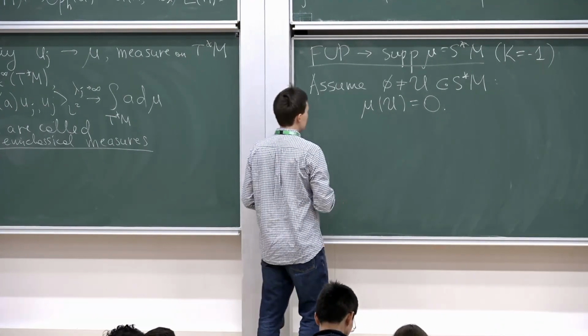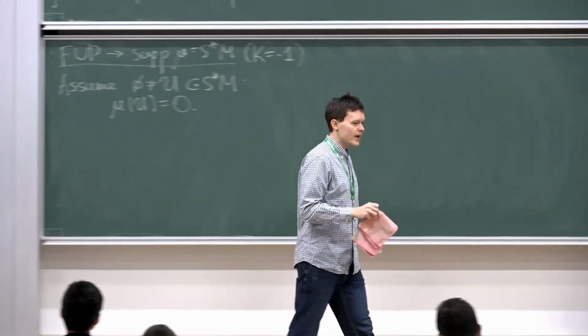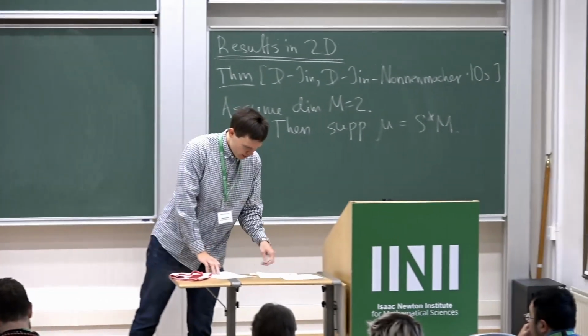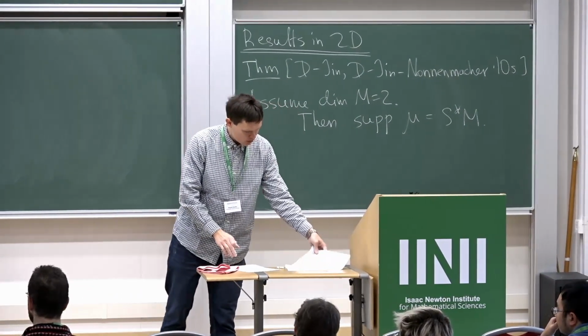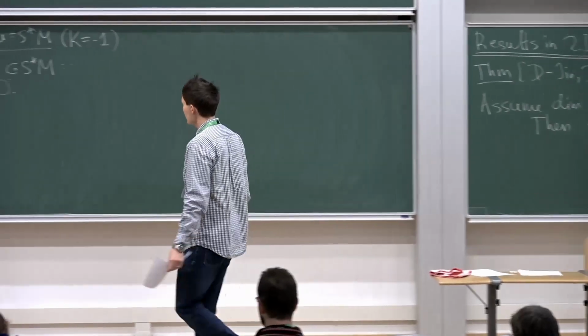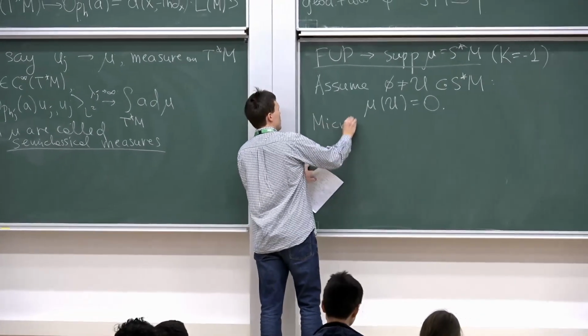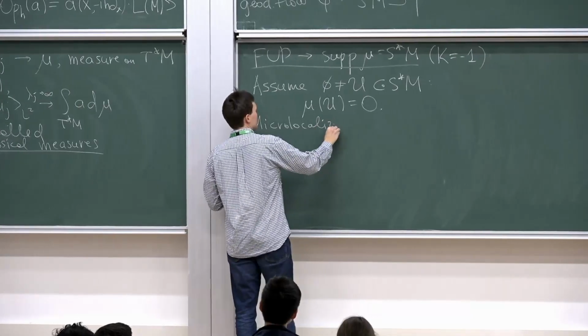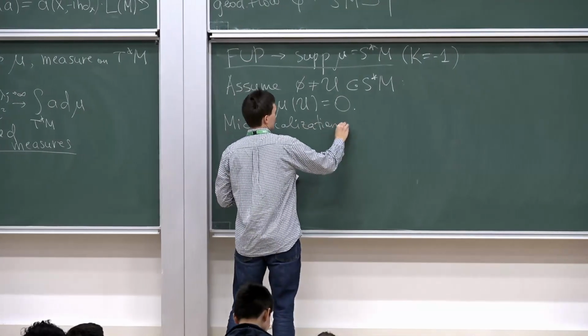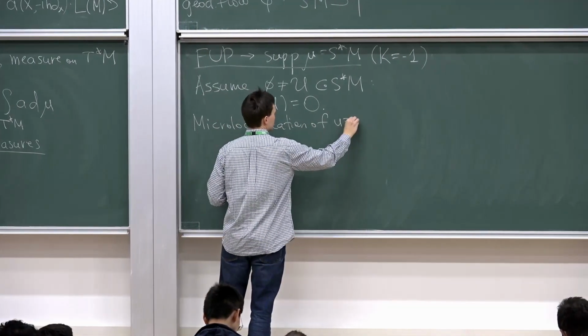Then I'm going to look at the micro-localization of u. So this is where I will get intentionally vague. I'll write it once, micro-localization of u, of my sequence of eigenfunctions.